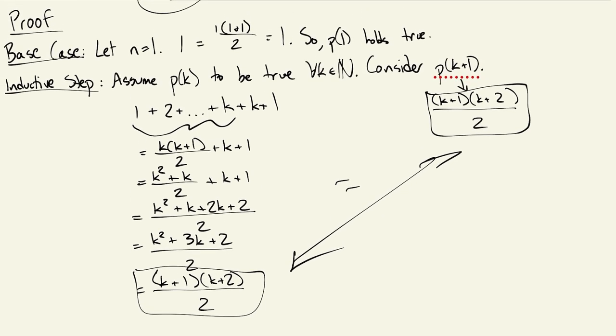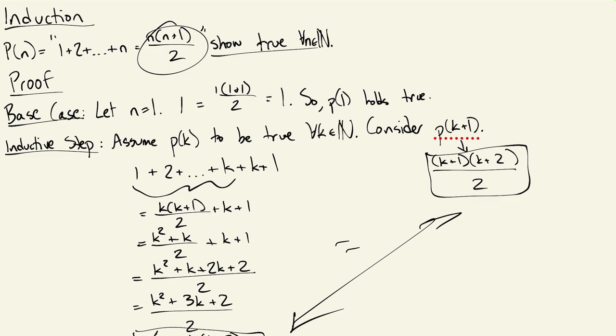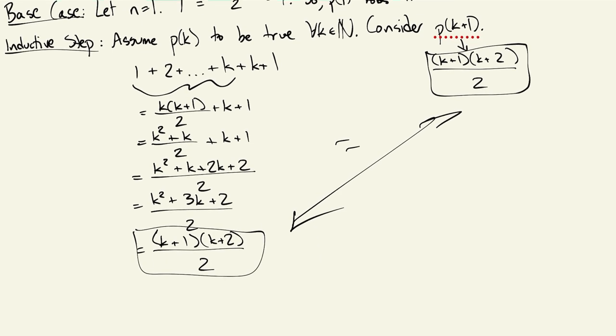So we have shown that you can represent the k plus 1 term in the form that we were hoping for under the assumption that P of k is true. So we know it works for k plus 1. Now that we know it works for k plus 1, it's just another case where it works.